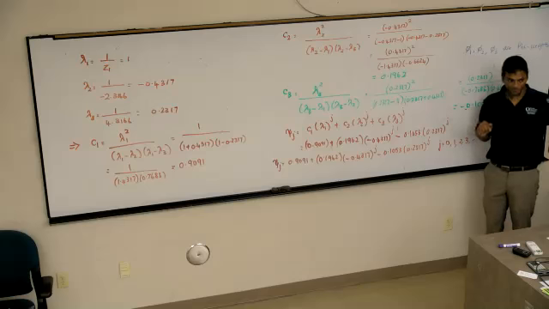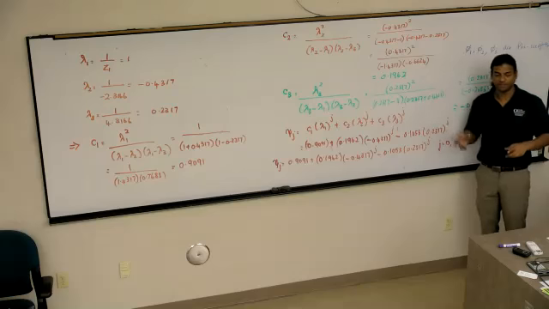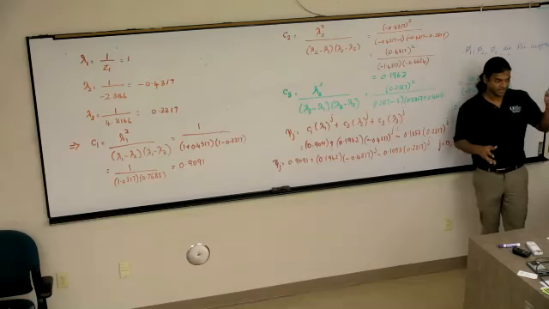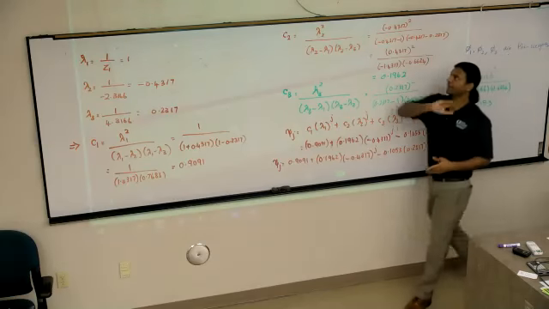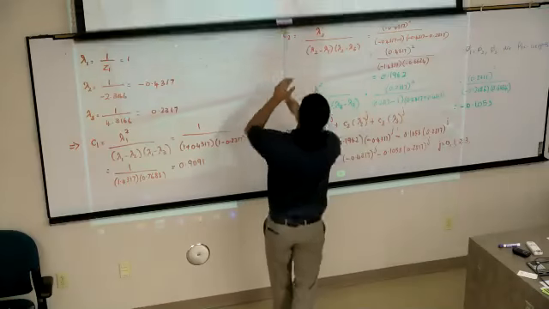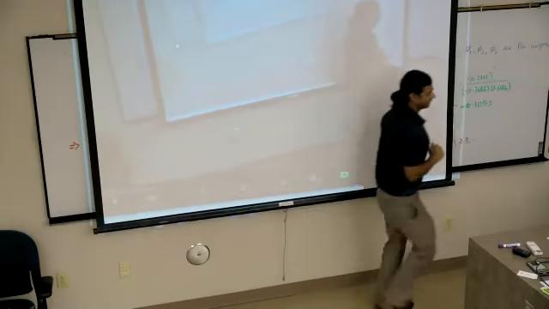Psi 0 this time is 1. So even if it is a third order difference equation, psi 0 must be 1. If you don't get 1, then you made a mistake. Does that make sense? So psi 0 has to be 1. It's like we didn't make any mistakes.